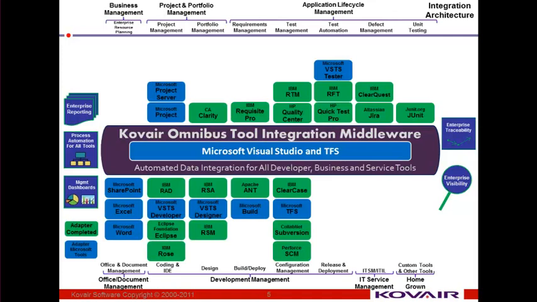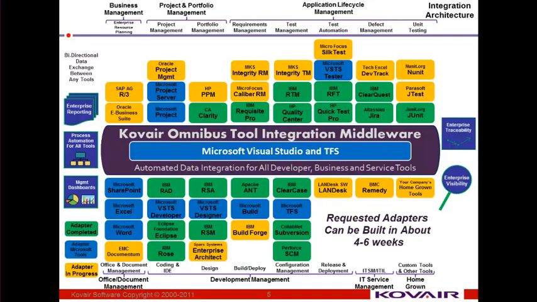And then these are all the different adapters we have currently for Omnibus. The green ones are actually non-Microsoft tools, and the blue ones are Microsoft tools, including the Microsoft Office, as you can see here, like the Word, Excel, SharePoint, etc. Also the Microsoft development tools.